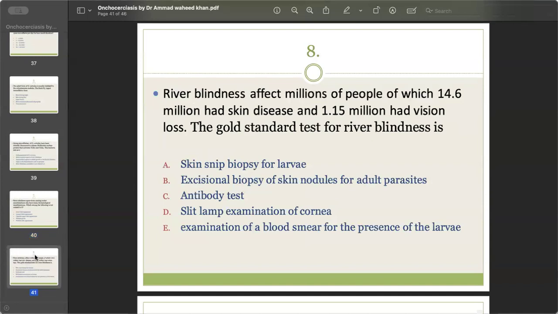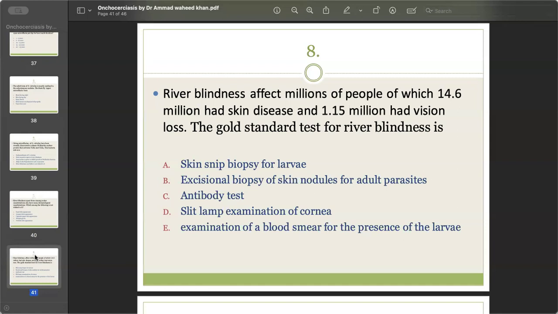MCQ number 8: River blindness affects millions of people, of which 14.6 million had skin disease and 1.15 million had vision loss. The gold standard test for river blindness is option A, skin snip biopsy for larva; option B, excisional biopsy for skin nodule for adult parasites; option C, antibody test; option D, slit lamp examination of cornea; option E, examination of blood smear for the presence of larva.